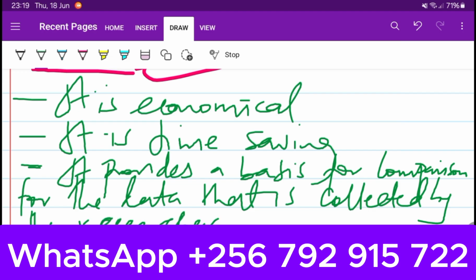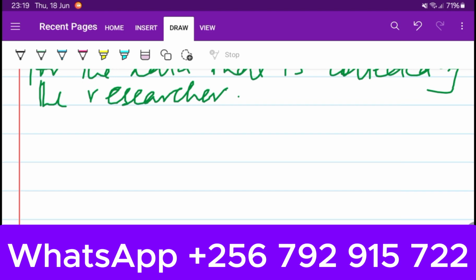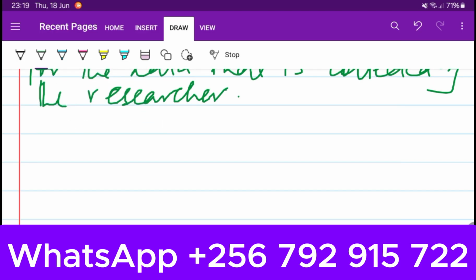If the researcher has also done some primary data collection, then he can compare with what he has gotten from the secondary data to find out how the data is related. Of course, if you find that the data is actually the same, then it will tell you that the data is more reliable.